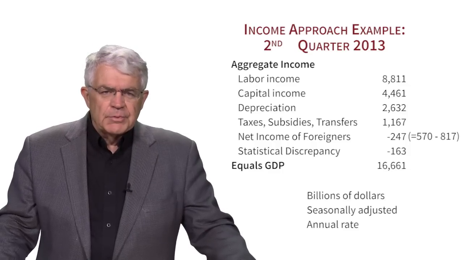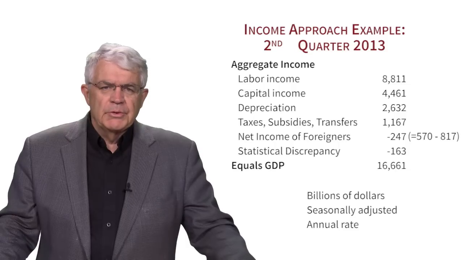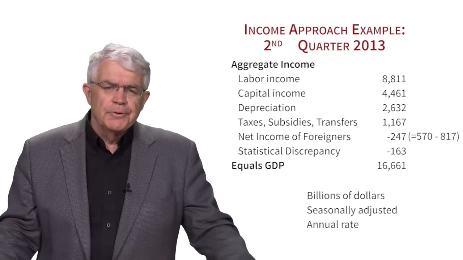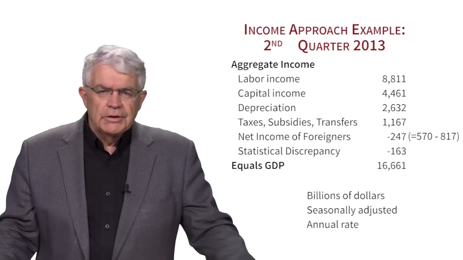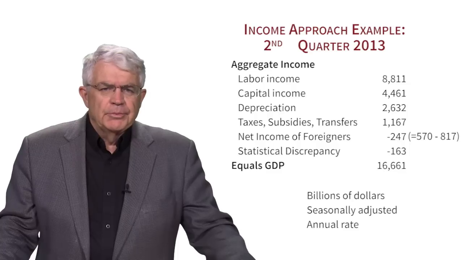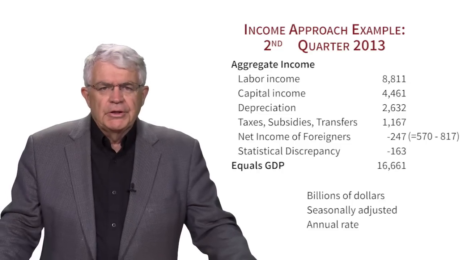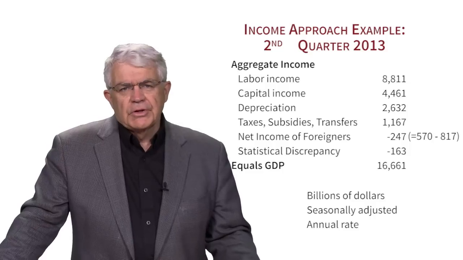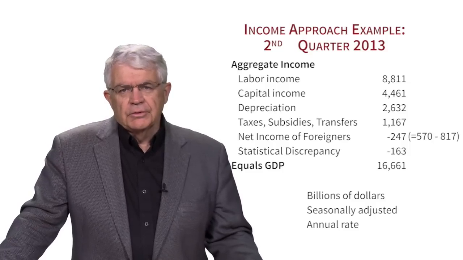The final adjustment that has to be made must take account of the fact that some people are working in the United States, but they may be foreigners. For example, a Canadian hockey player playing for the Pittsburgh Penguins is producing services in the United States, the pleasure of going to watch that hockey game, but being a Canadian, the income is actually attributed to that person.